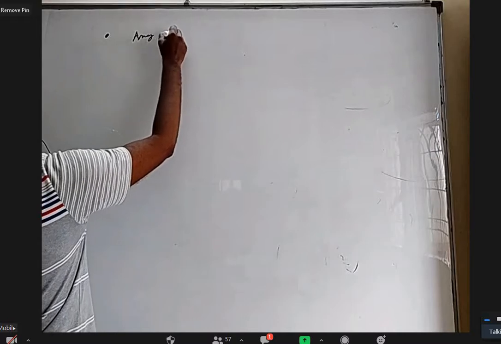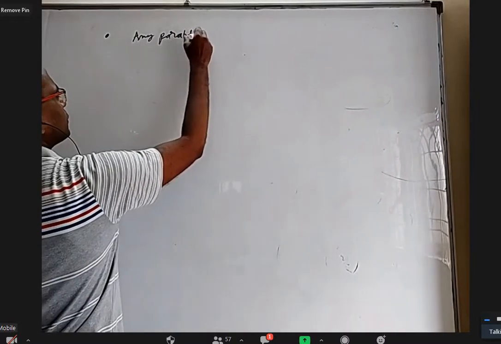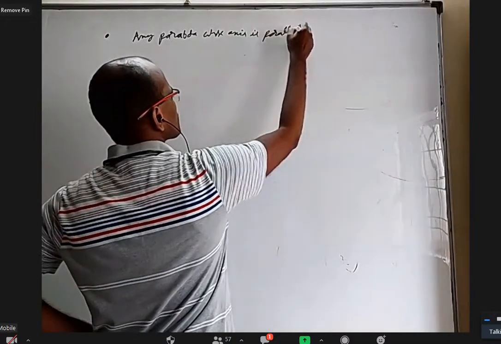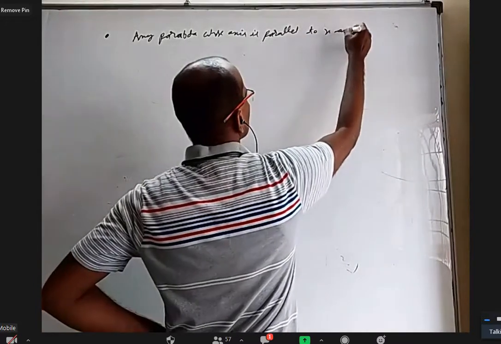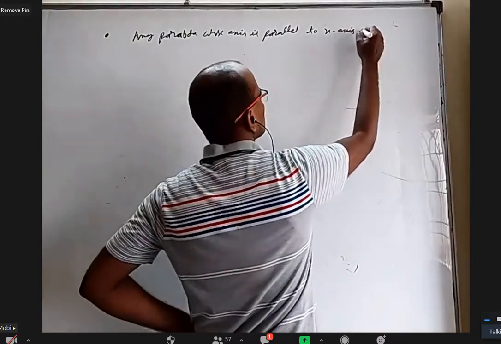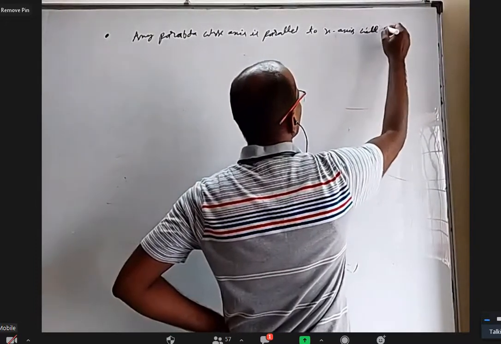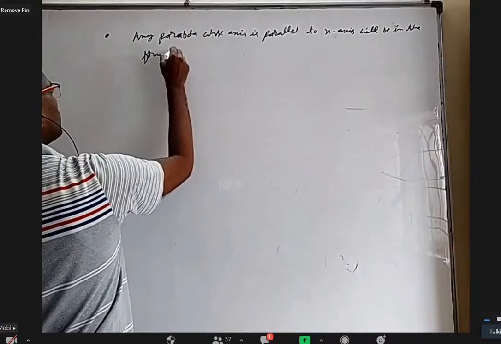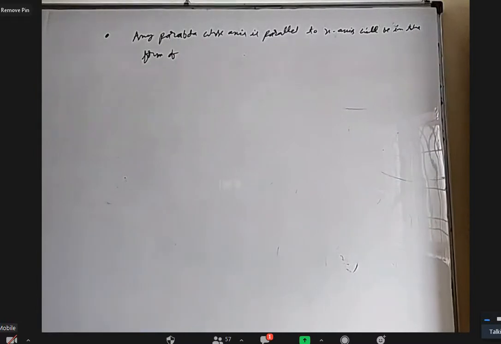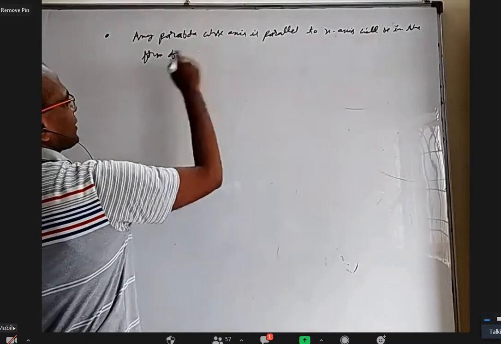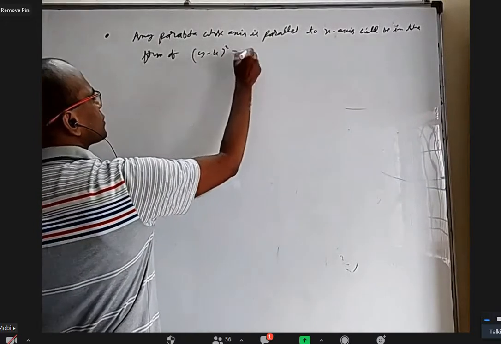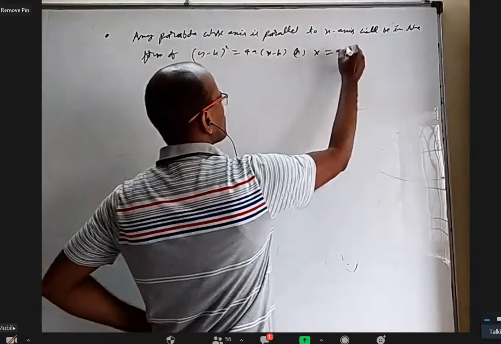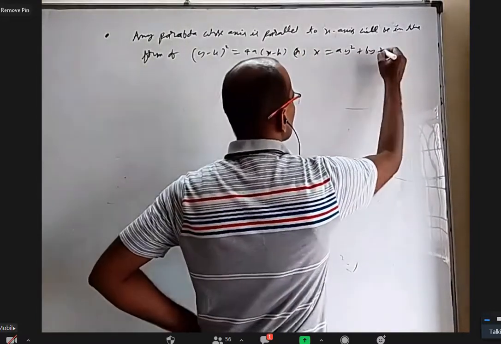Any parabola whose axis is parallel to x-axis will be in the form of y minus k whole square equal to 4a into x minus h, or x is equal to ay square plus by plus c.